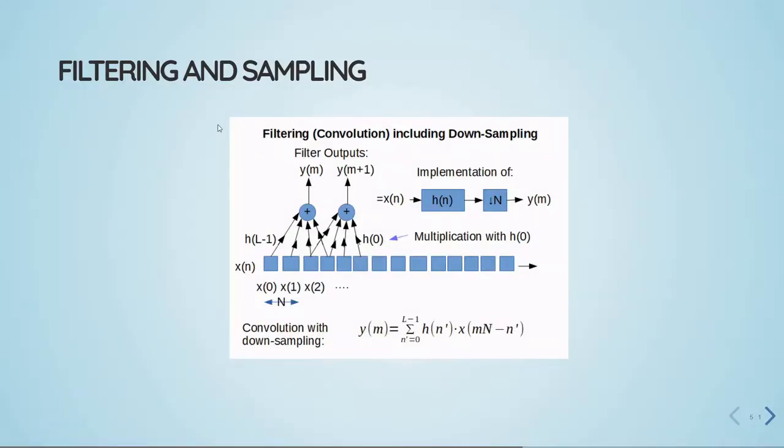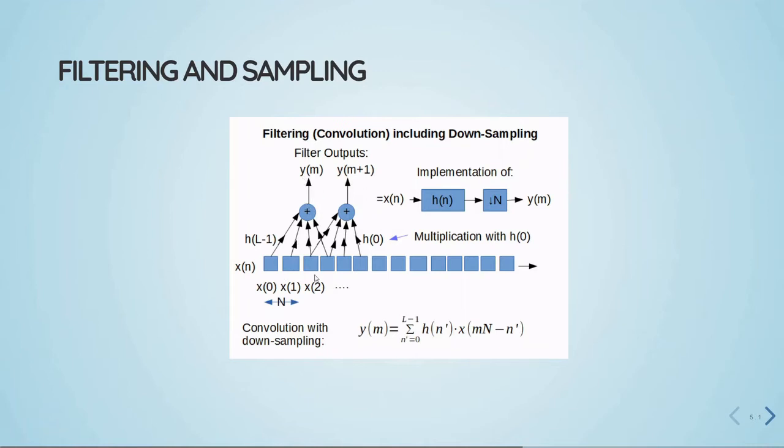We've seen some more on the basics of filter design, and now we'll move on to filtering and sampling, specifically the multirate noble identities. So here we see filtering including downsampling. So there's convolution including downsampling. We have our input signal, and we have here the convolution.